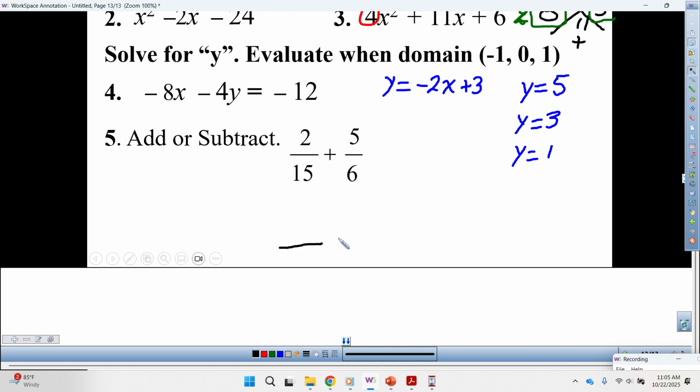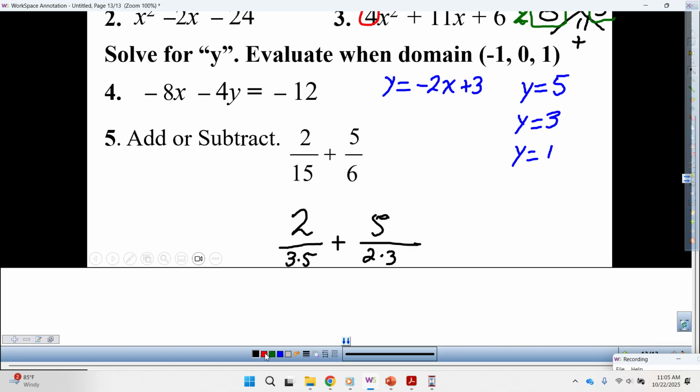First, I'm going to break up the two denominators. What are my factors for 15? Pass them 1, Geo. 3 and 5. 3 times 5. How about for 6? 2 times 3. Bring down the 2. Bring down the 5.